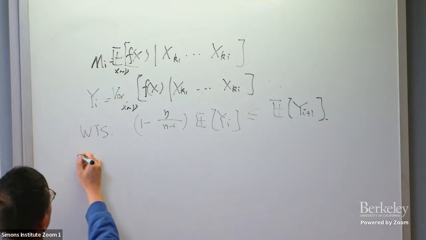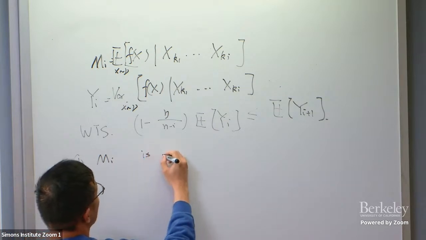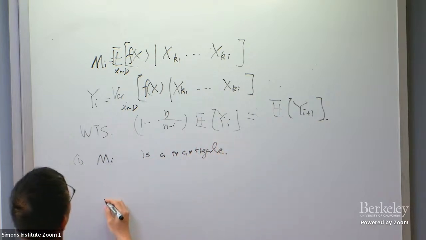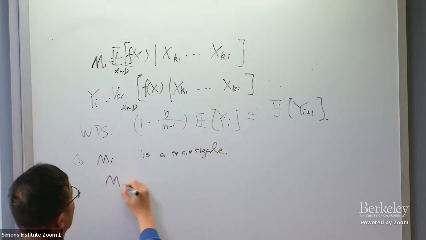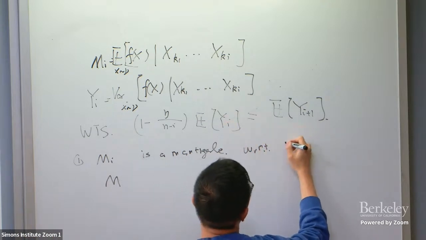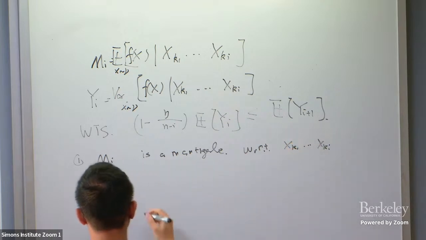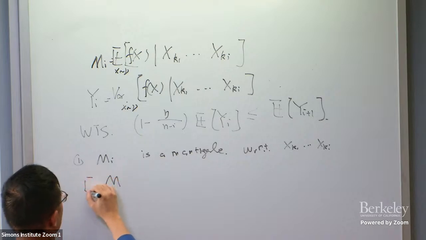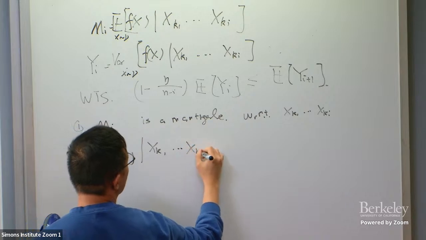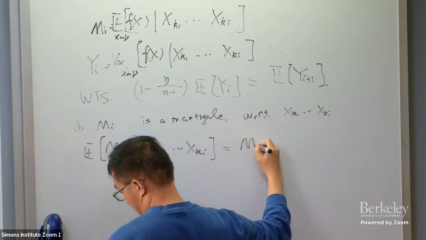The first thing to observe is that this mi is a martingale with respect to the filtration generated by the randomness of xk1 to xki. Meaning that the expectation of mi+1 given xk1 to xki equals mi.